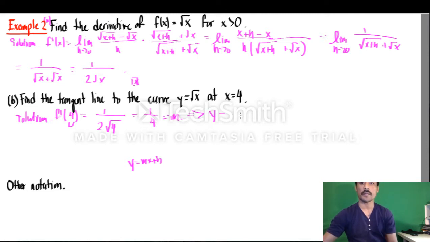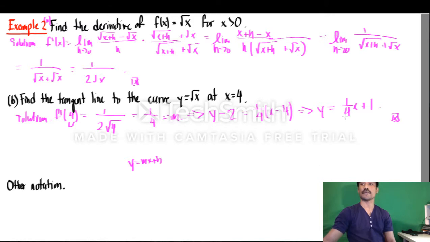So it's y minus, when x is 4, y is 2, equals 1/4 times (x minus 4). Let's push 2 on the other side so we get 1/4 x minus 1 plus 2, which is 1. So that's the equation of the tangent line at x equals 4.